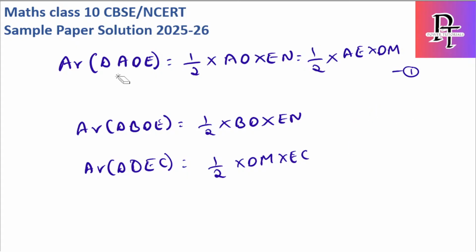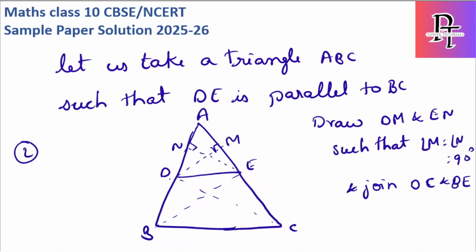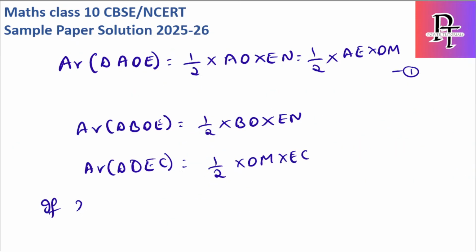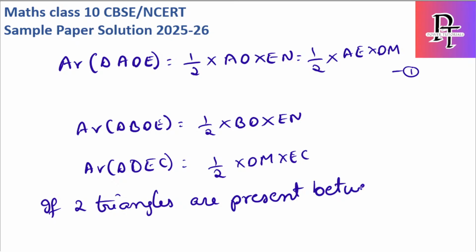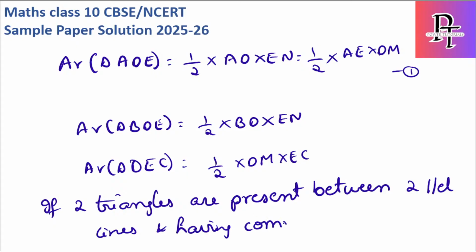Now we have one property: if 2 triangles are present between 2 parallel lines and having a common side, then areas are equal.